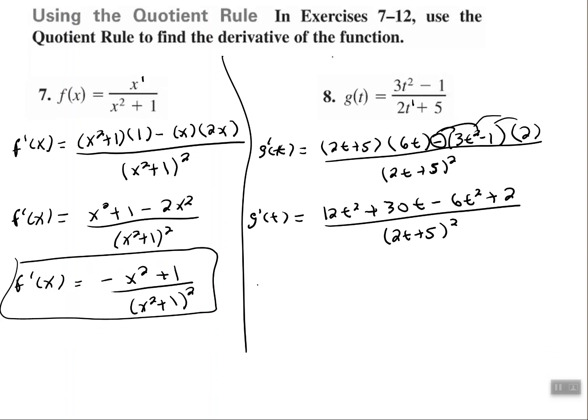Alright, combine like terms. So we have the 12t squared and the minus 6t squared, so that's 6t squared. And we'll leave it there.